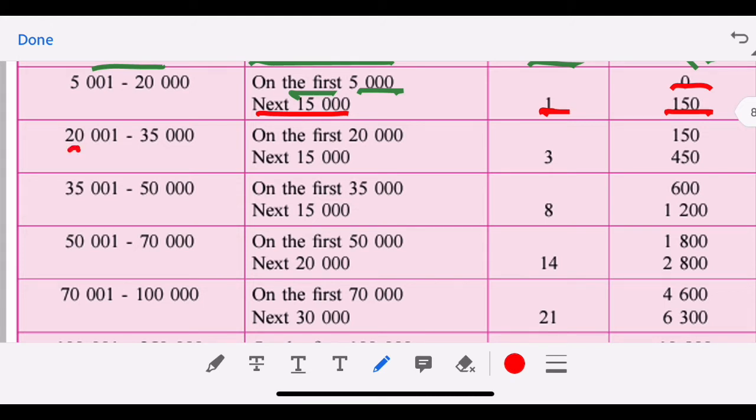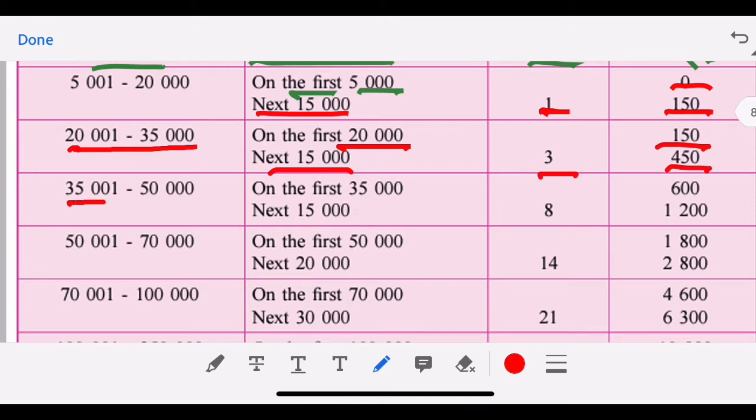For the chargeable income 20,001 to 35,000, on the first 20,000 is 150. Next 15,000 will be rate 3%, 450.